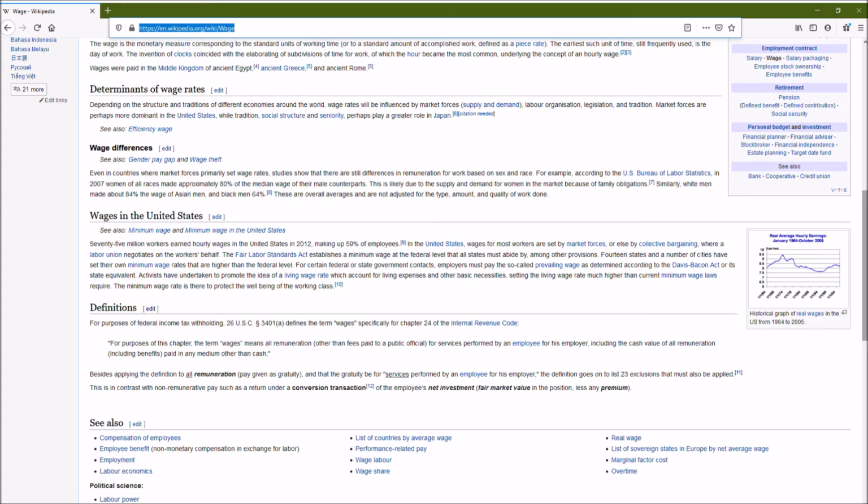The Fair Labor Standards Act establishes a minimum wage at the federal level that all states must abide by, among other provisions. 14 states and a number of cities have set their own minimum wage rates that are higher than the federal level.